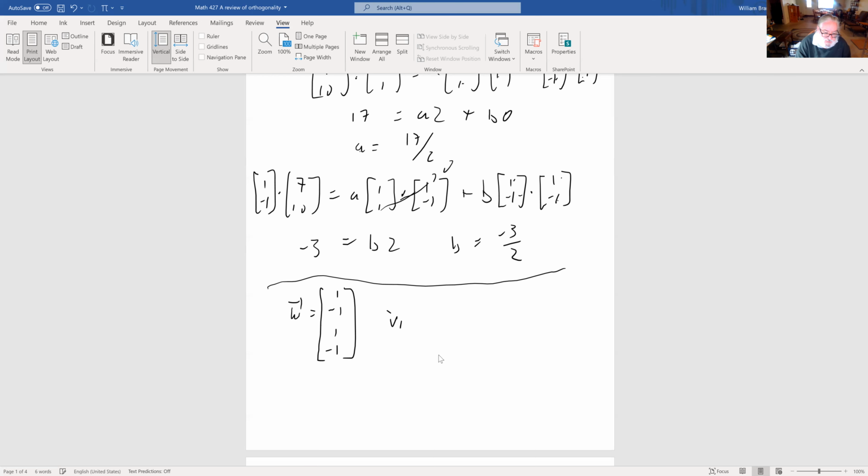And we'll take two other vectors: V1 to be 1, 2, minus 1, 3, and V2 to be the vector 4, 1, 6, 0.